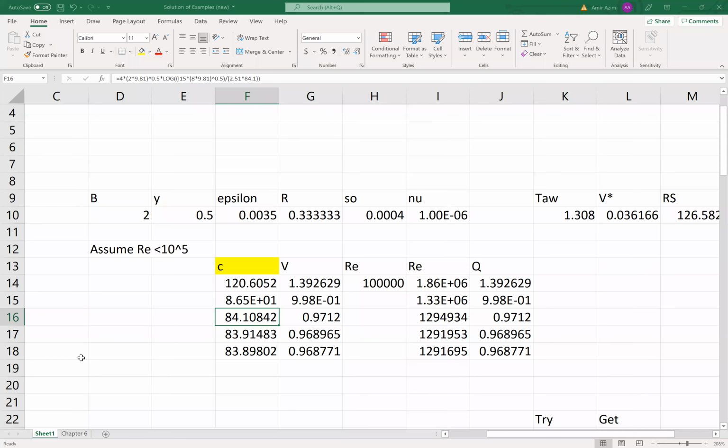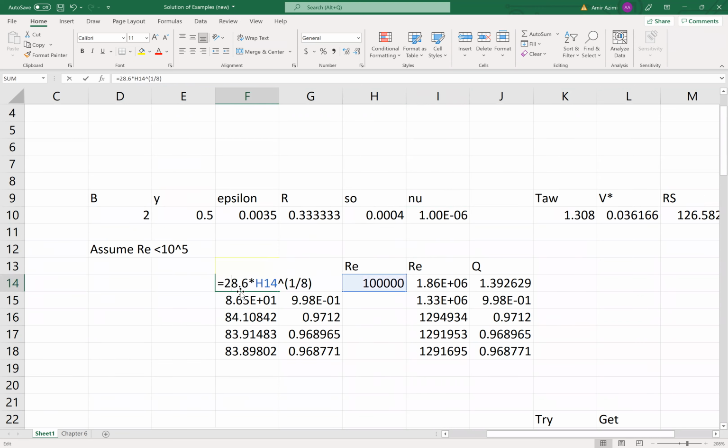I developed the Excel sheet here. So we have the epsilon, the roughness, hydraulic radius, longitudinal slope, and this is the kinematic viscosity. So assume that Reynolds number is less than or equal to 10 to the power of 5.